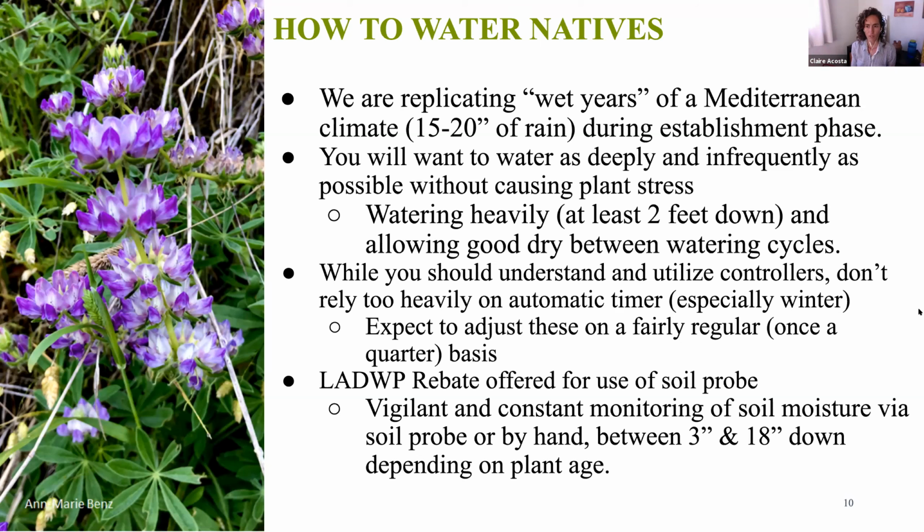Controllers, like weather-based irrigation controllers or even timers, are great, but don't rely too heavily on them, especially in winter. You should expect that you will be adjusting them pretty regularly, like a couple times a year.